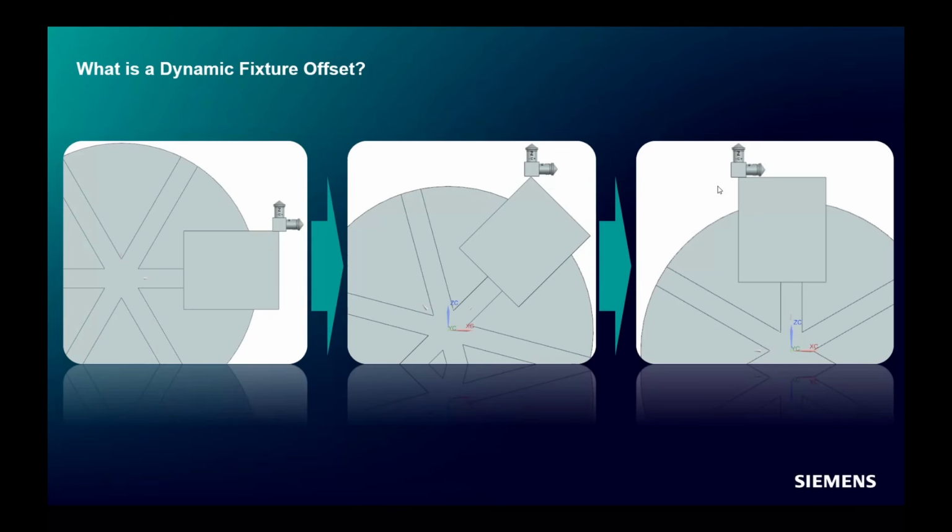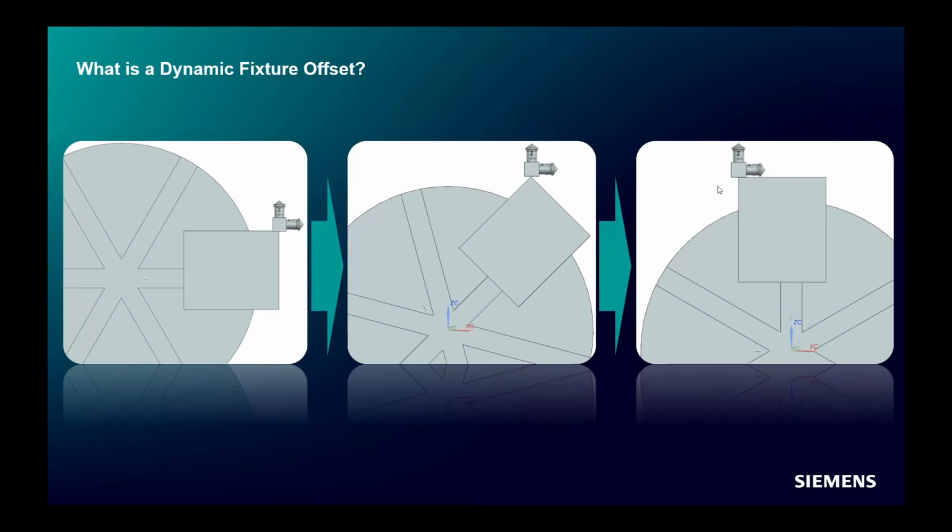Well, typically this is going to be discussed once I introduce rotary axes to a machine tool. The minute I introduce a rotary axis, and I place a part on that rotary and it's not dead center, or at least my zero is not dead center of the part, then as I spin or rotate this part to different orientation angles, as you see in this graphic, its position will change in space.